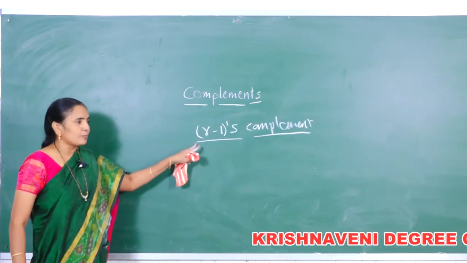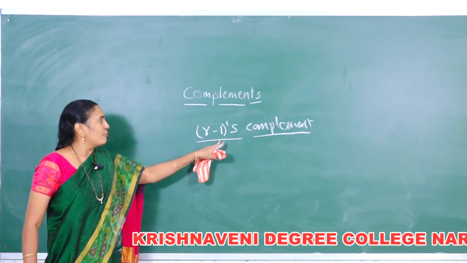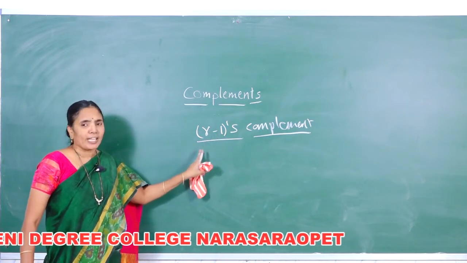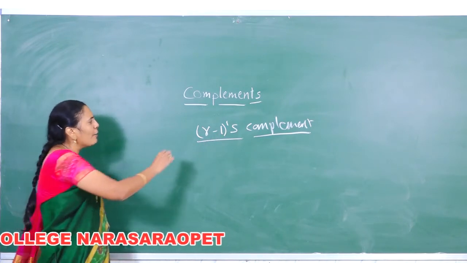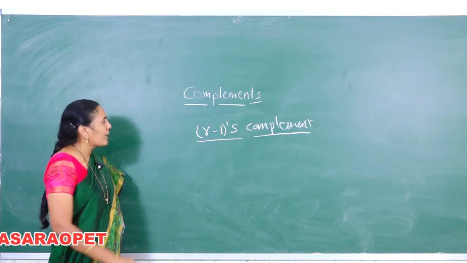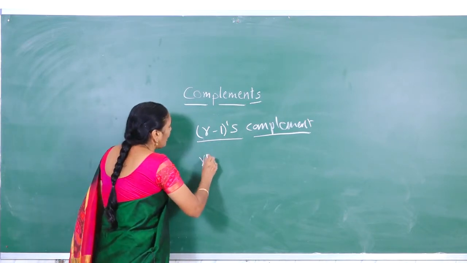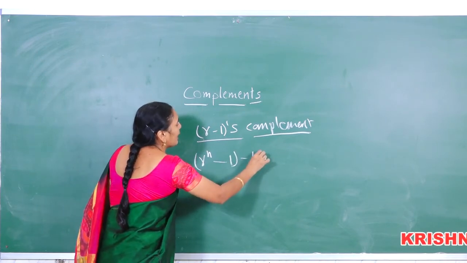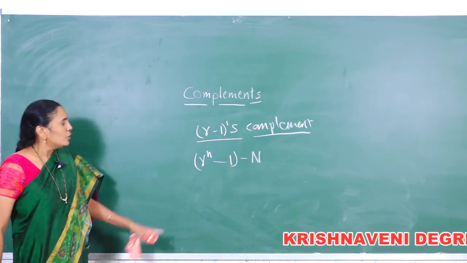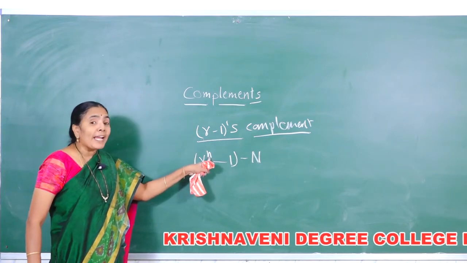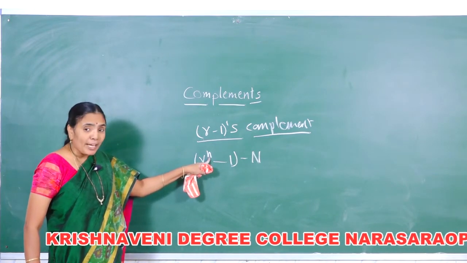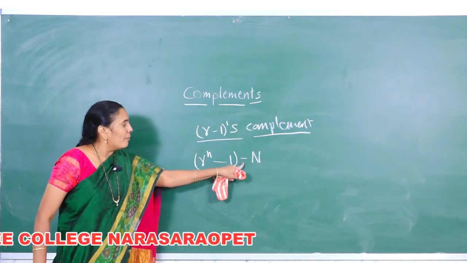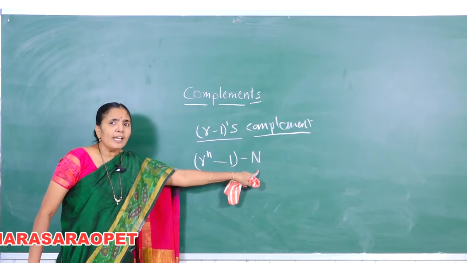Let us discuss how to find the r minus 1 complement. It can be obtained by subtracting the given number from r to the power of n minus 1, where n is the number of digits in the given number.